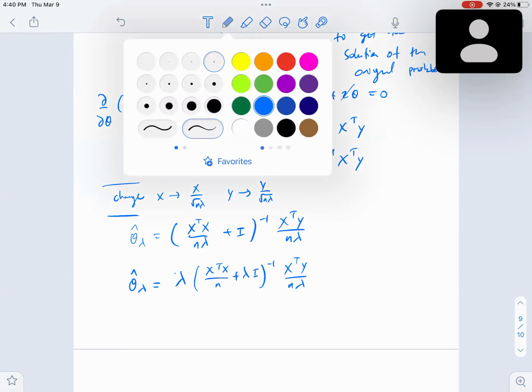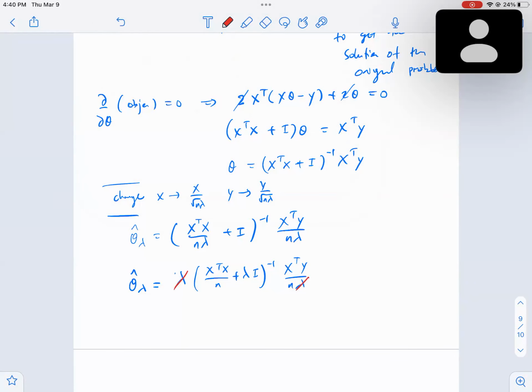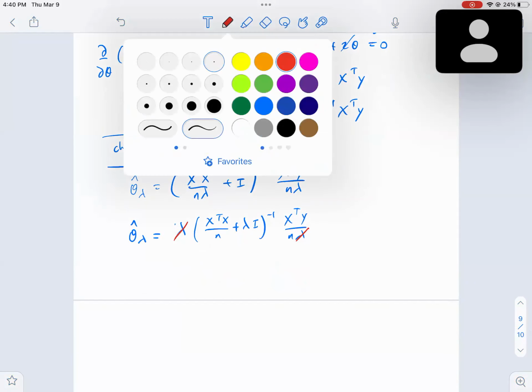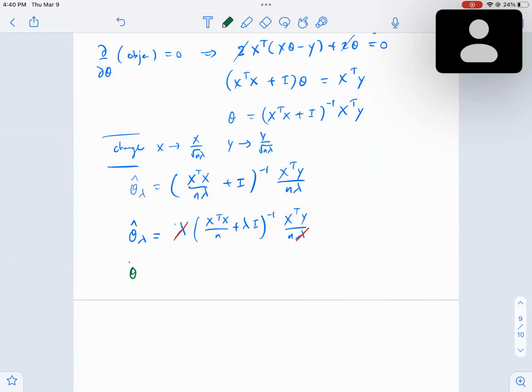This lambda gets canceled with that lambda. So in the end, the form that I would like to have is this. This is all just algebra. You don't have to worry too much. You can just do it yourself and verify that this is the solution.